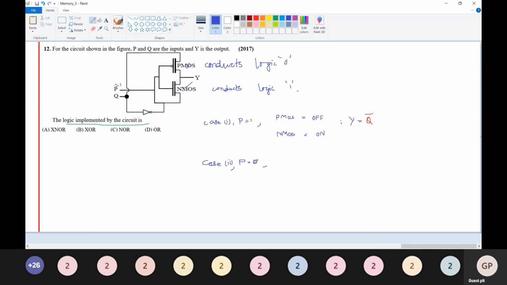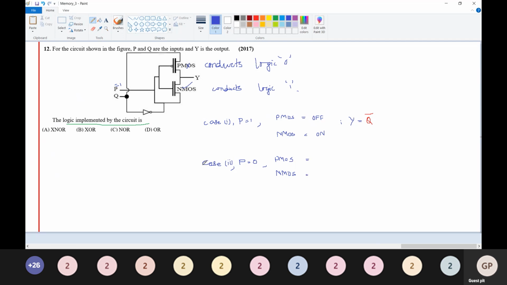We see what is the condition of the PMOS and the NMOS.